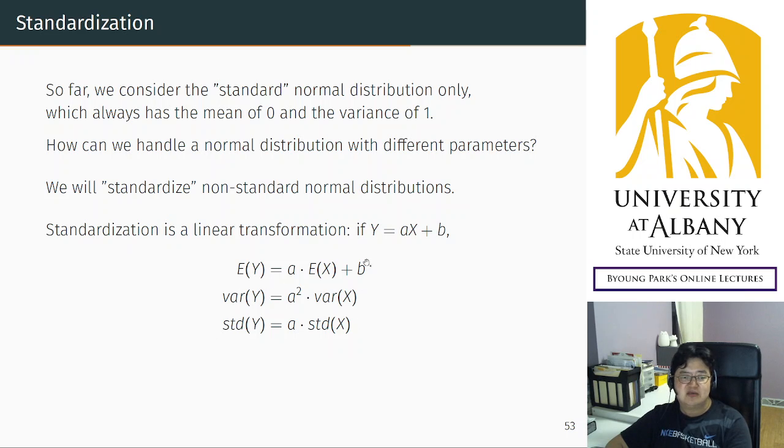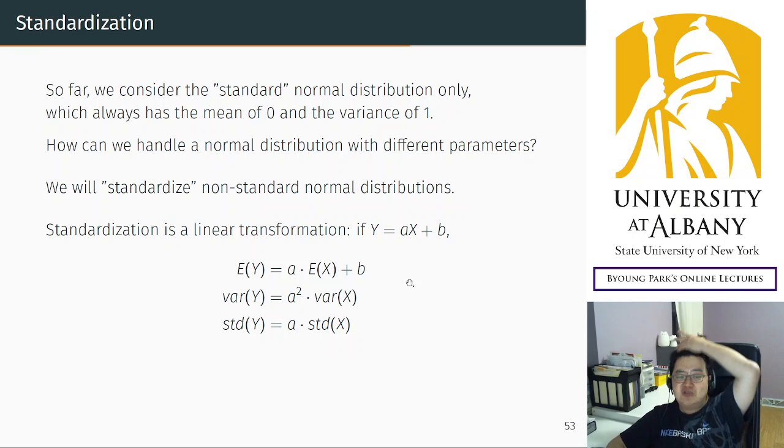The mean preserves the same relationship. The variance is not affected by the additive number, but the multiplication is squared, which is annoying. So standardization takes the square root again. The standard deviation is affected by the multiplication, not by the addition, right? So we got these three things.